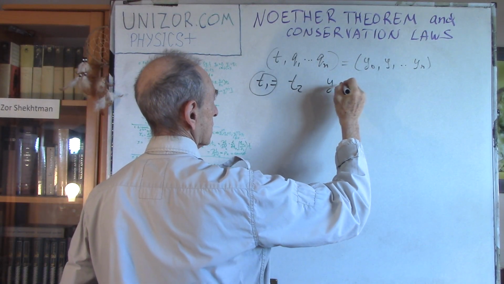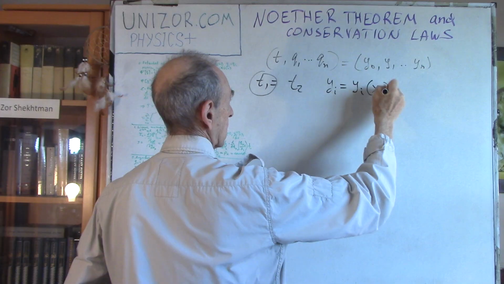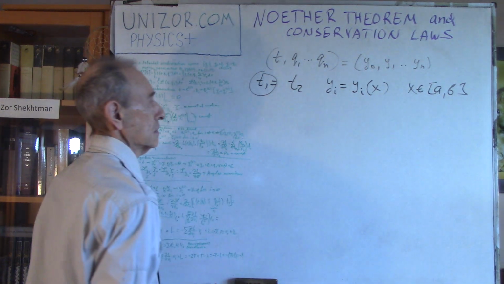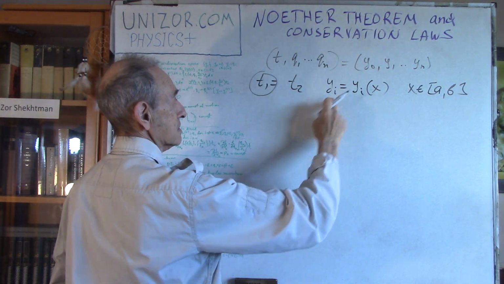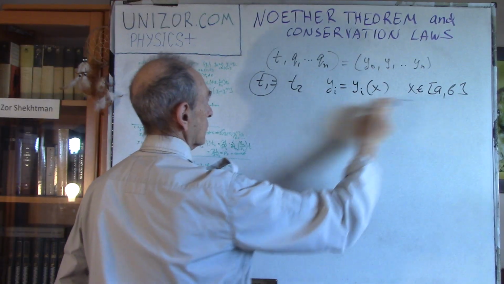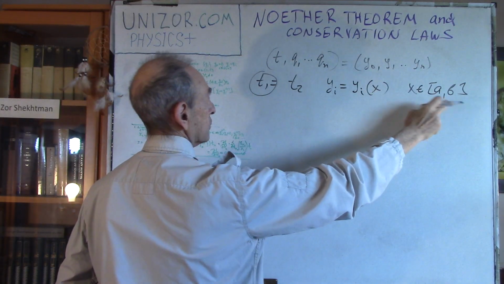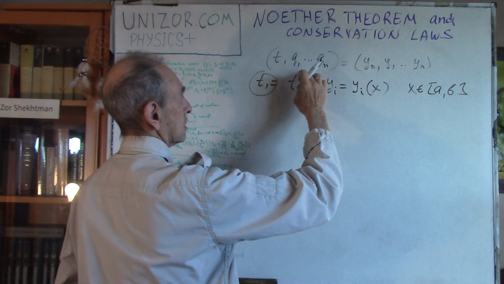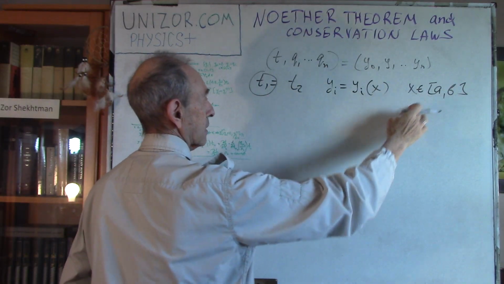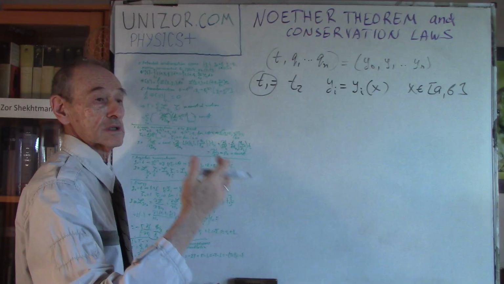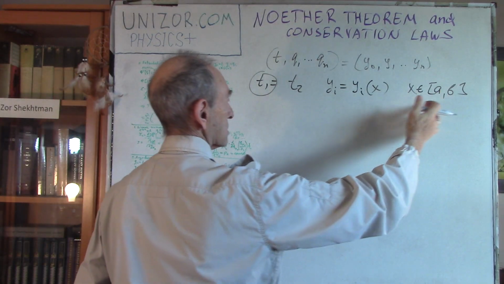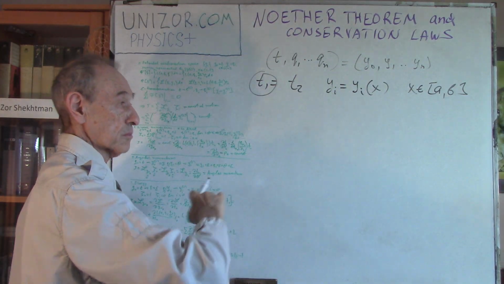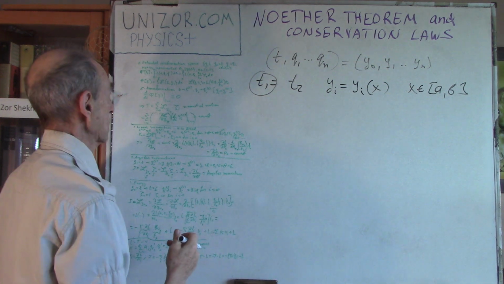So every yi is yi of x, where x is the parameter, which is changing from a to b, and in particular y0, which is time, at a would be t1, and y0 of b would be t2. Same thing, every particular coordinate q1, etc., qn at a would signify the space coordinate of the beginning of the motion, and when x is equal to b, the corresponding y of b would be the ending point of motion. And motion is a curve in this n plus 1 dimensional space.